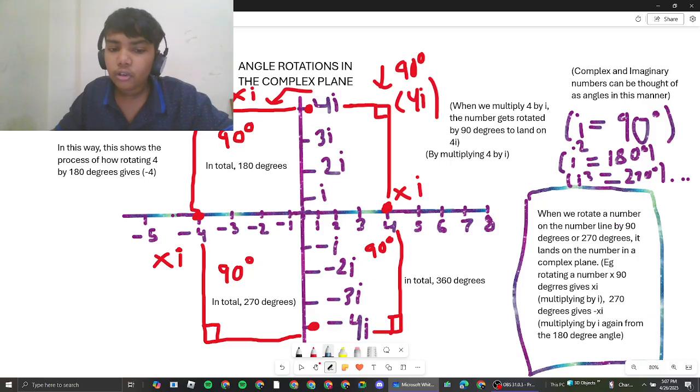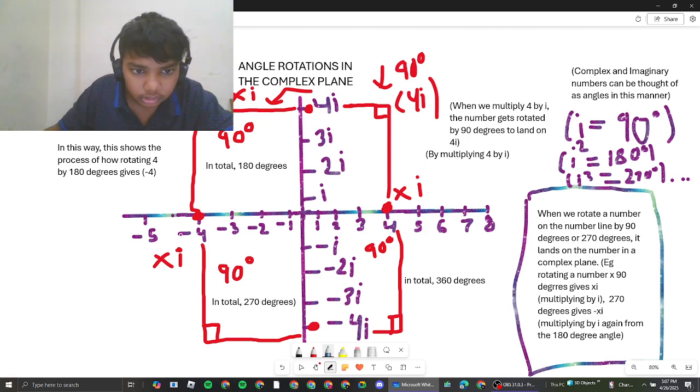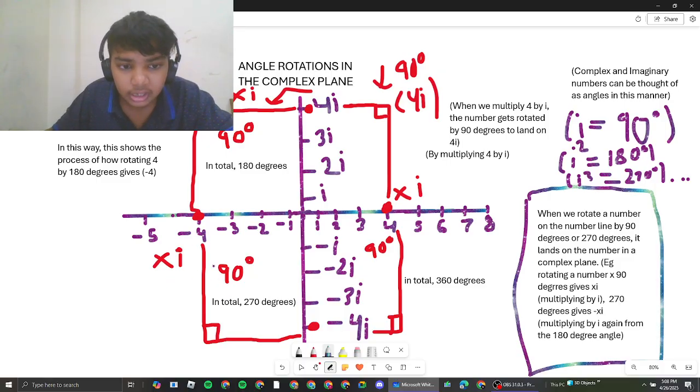Also suppose we do this counterclockwise. If you have -4 and multiply this by i, we're going to get here. If you multiply this by i again, it would be 180 degrees, not 270 here.